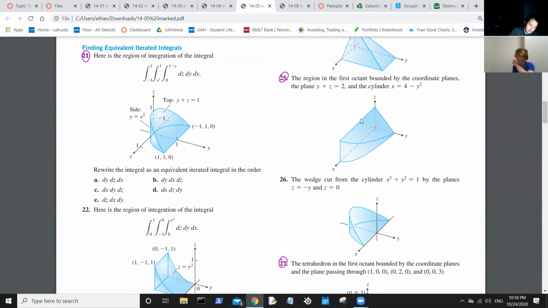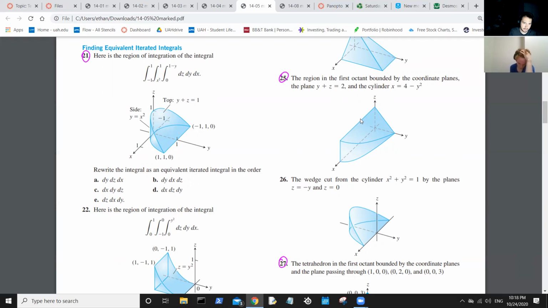We're given two things: y plus z is equal to 2, and x is equal to 4 minus y squared. If we're starting with z, we want z to be equal to something, and we don't have any description in terms of the z portion. If we were to project xy onto the z, there isn't a constant portion here, so it's going to be a function.